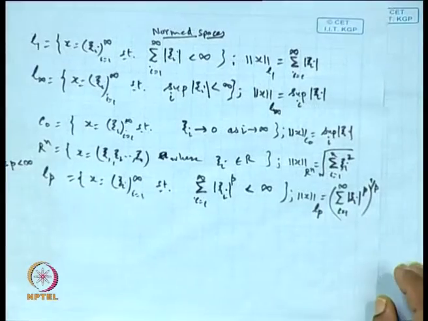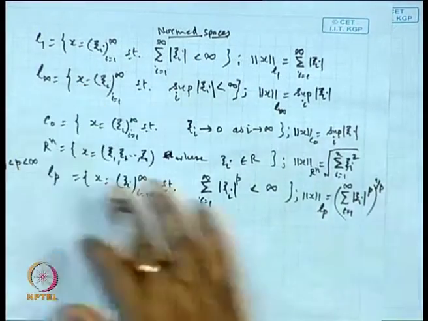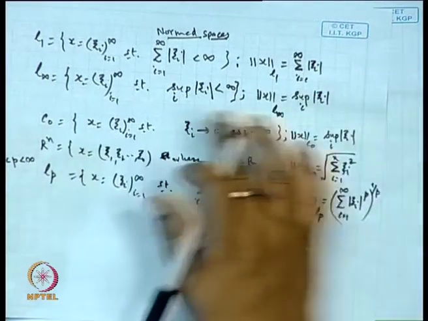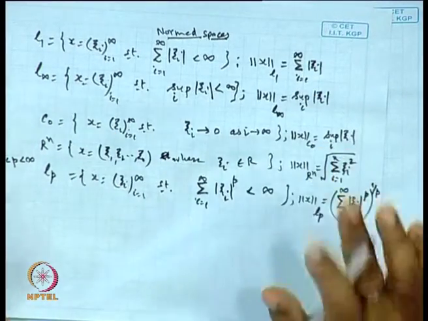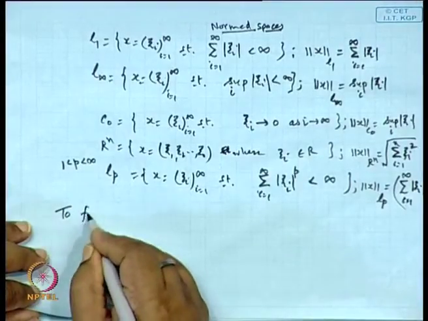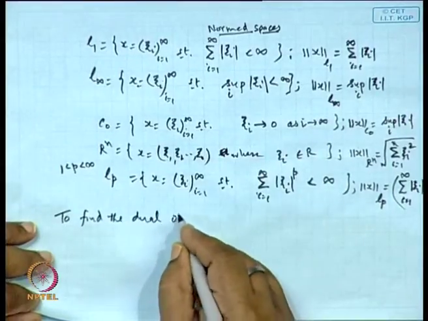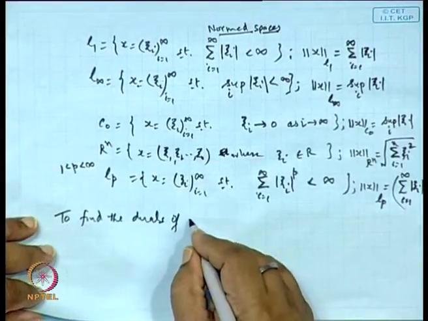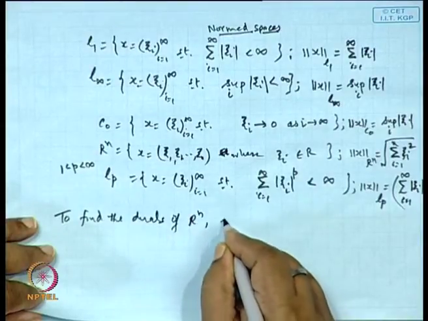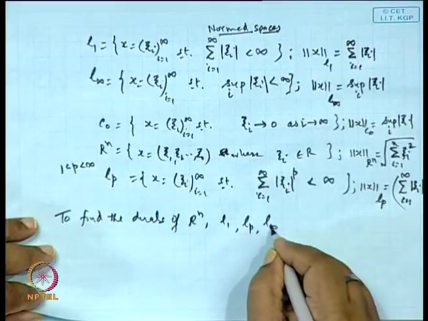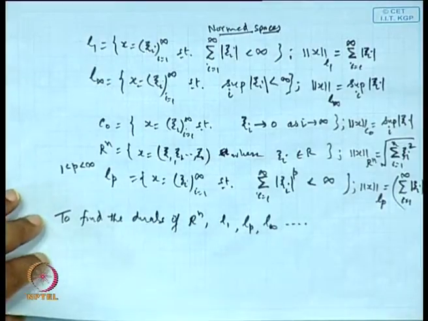So, that way we can say that this L1 is a norm space under this norm, and likewise Lp. We are interested in finding the duals of Rn, L1, Lp, L infinity, et cetera.